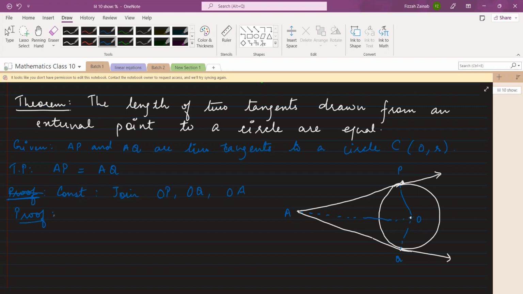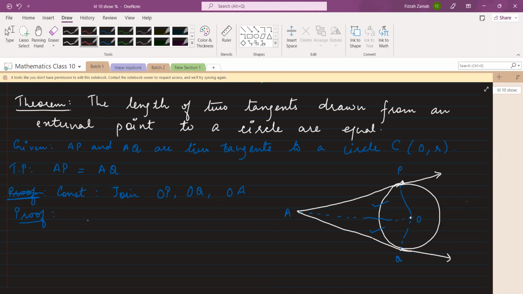Now start. See, it's very simple. We have to prove AP and AQ are equal, right? So if somehow we show that this triangle and this triangle are congruent, so by CPCT, AP will be equal to AQ, isn't it? Okay, before starting, can we see three things in this triangle? First of all, I can see AO is common, right?